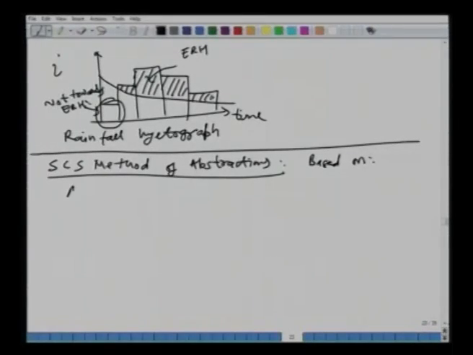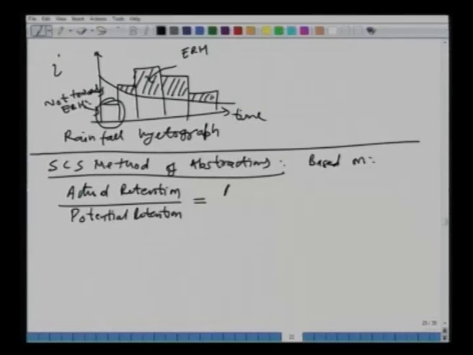What it says is that the actual retention in a catchment divided by the potential retention. Now, what we are talking of is the retention of the water storage, okay, is linearly related with the actual runoff over potential runoff.